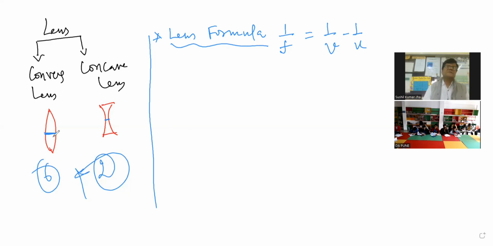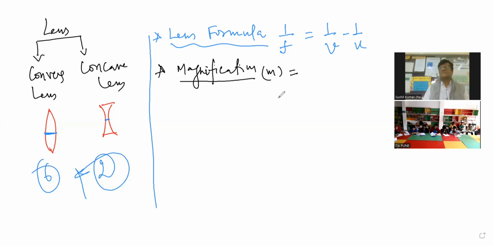Now, the next one we take over here is the magnification. There also we had taken magnification, right? What was that formula? It was not v by u, it was minus v by u in mirror.